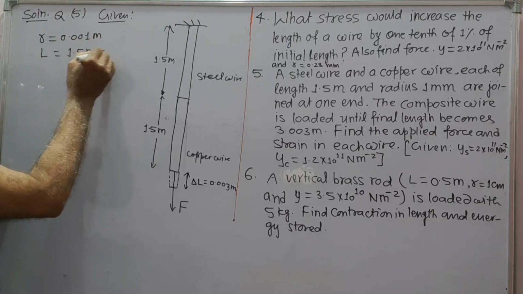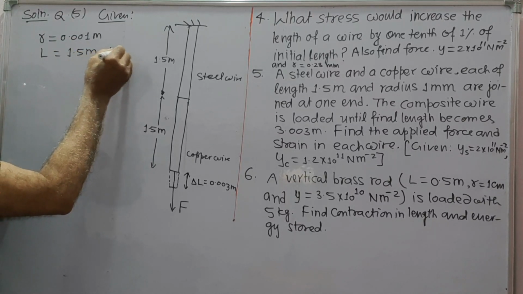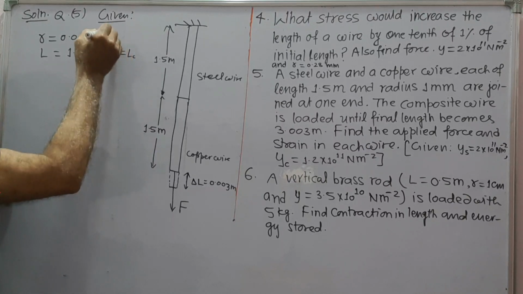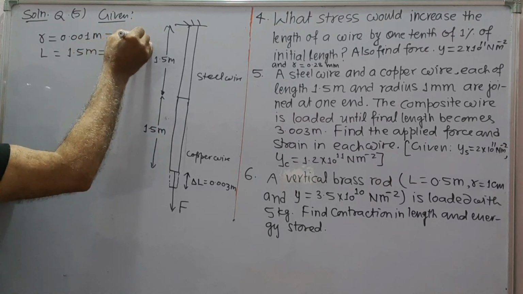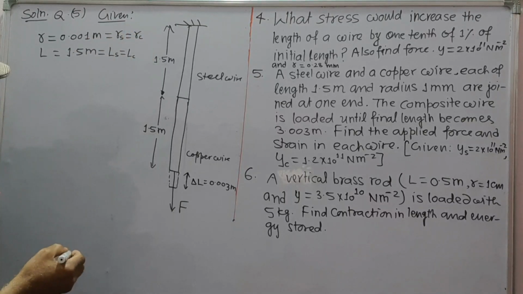This is length of steel and length of copper. This is radius of steel and radius of copper. We have to find the force applied and strain in each wire.